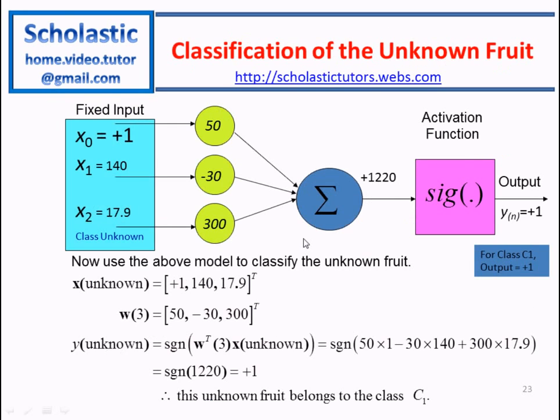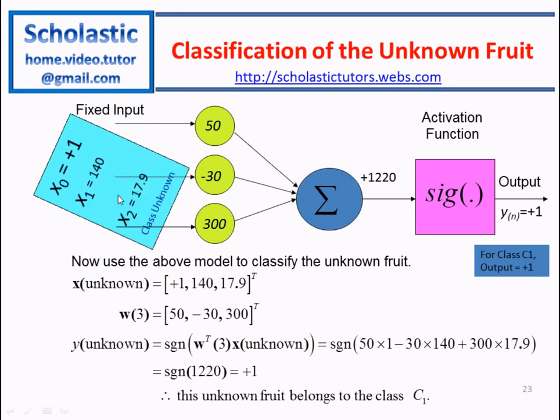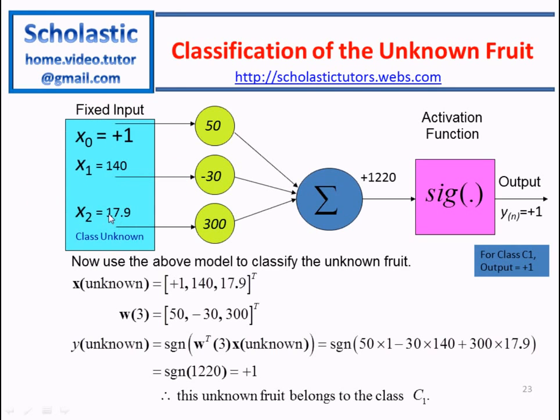So let's see how. These are the known ones. Basically, we have the hyperplane, and we say the hyperplane is correct. So we have this unknown vector, our unknown fruit, which is given as 140 centimeters for the weight, and the length of that fruit is given as 17.9 centimeters.